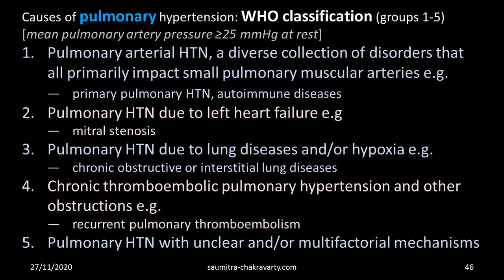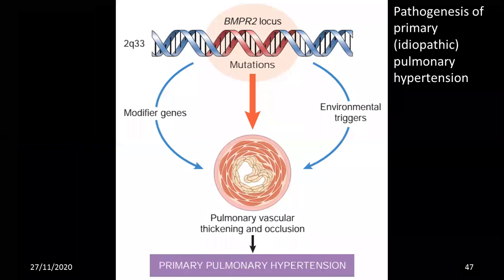You are partially in charge of determining which group it is, and the treatment will follow accordingly. But mean pulmonary arterial pressure must be greater than or equal to 25 millimeters of mercury at rest to consider it pulmonary hypertension. Now you can categorize these into the 5 WHO groups.